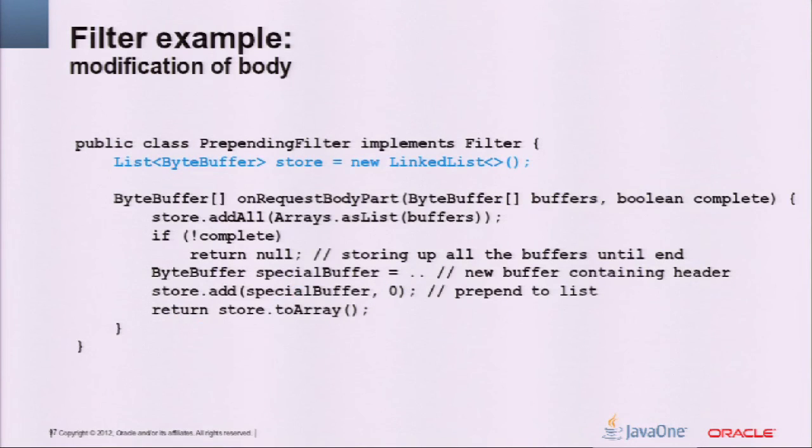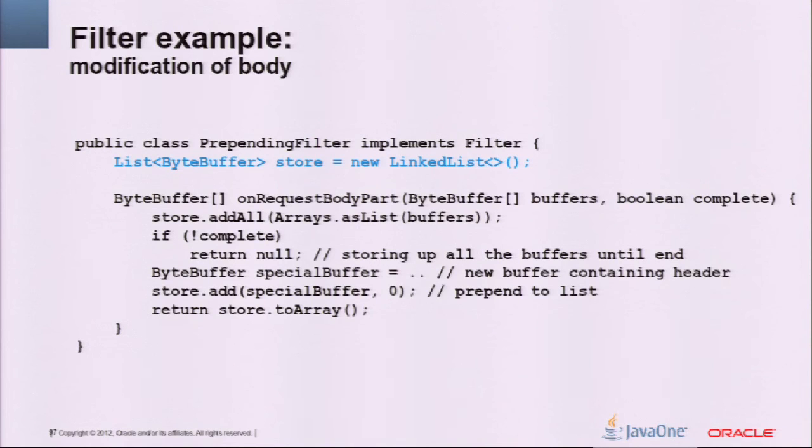This example shows a slightly more complicated case. This is trying to illustrate, probably an unusual case, where let's say the filter needs to read the entire request or response body, and based on the content that it sees, it prepends that content with some kind of a header.